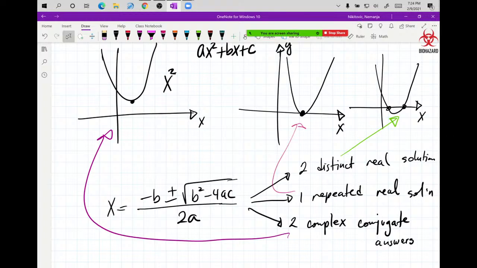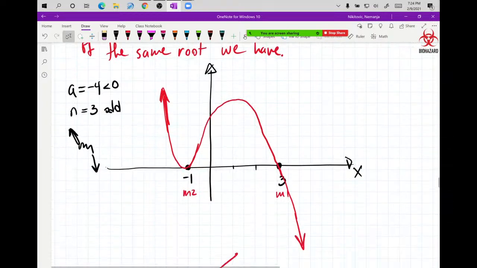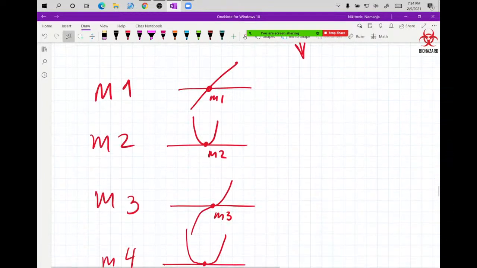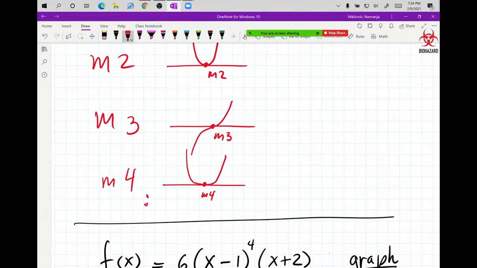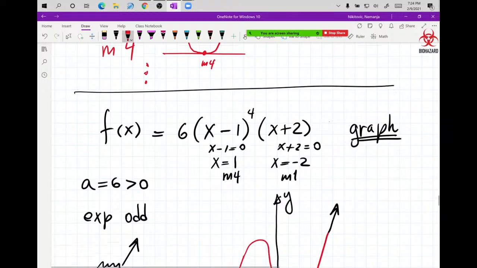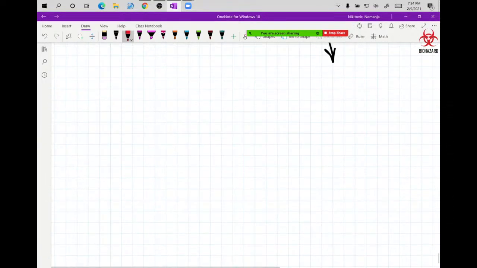But we'll deal with that when we get there. Multiplicity of the root tracks how many copies of the same root you have. So that's literally equal to the power of the factor. This goes to M5, M6, M7. I just put the first 4 and what they look like, and then I told you that they get progressively wider as you go. And a couple of these examples to reinforce this.